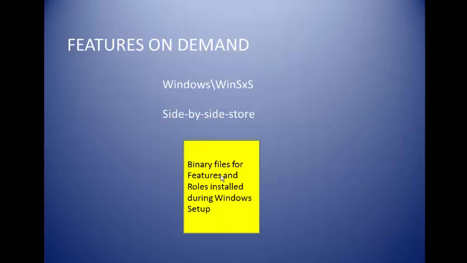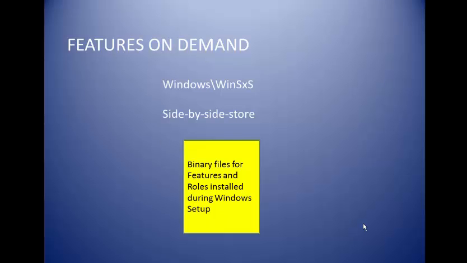The ability to delete these feature files is called features on demand. If later, after you have deleted one of these features or roles, you wanted to reinstall that feature, you would need to access the Windows Server 2012 source disk.